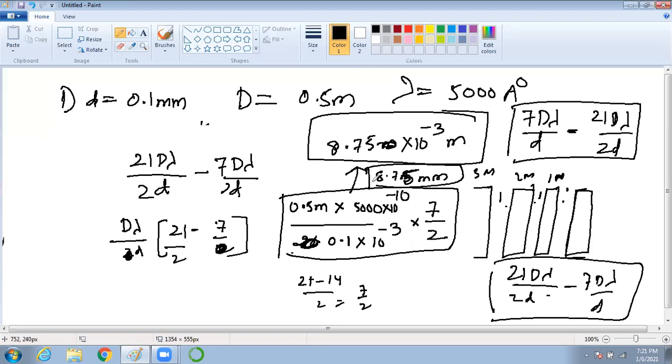Are you getting the value? I had some mistake in the power, so I have to check it. Yeah, that's okay, you can check it.